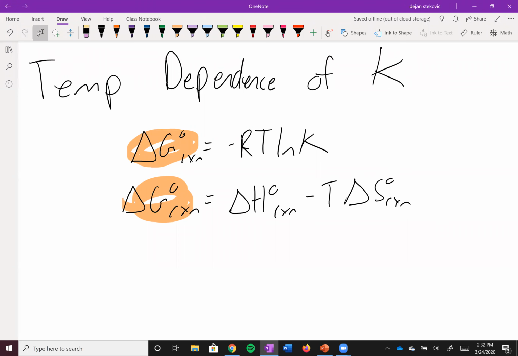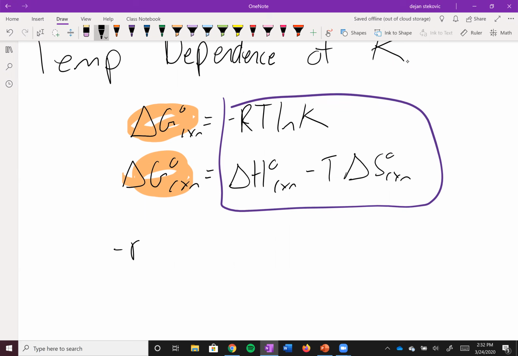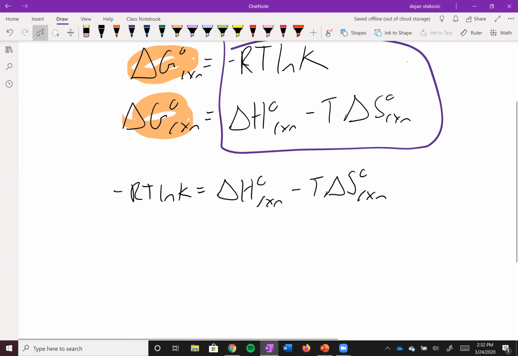Negative RT ln K is then equal to delta H of the reaction minus T delta S of the reaction. We're going to divide both sides by negative RT.